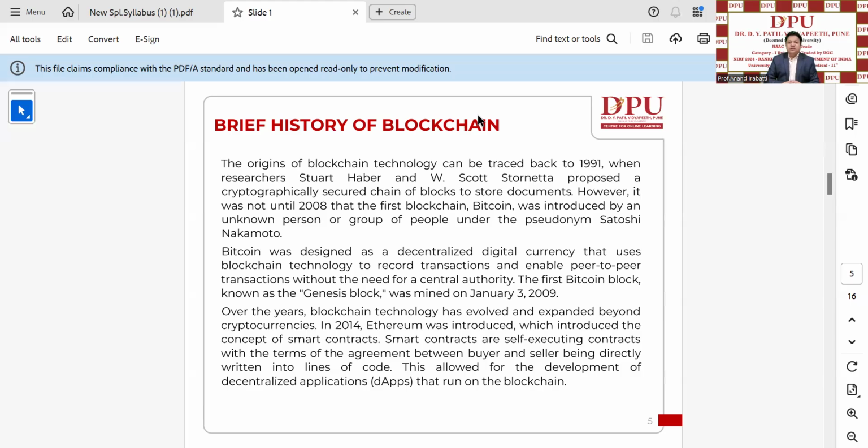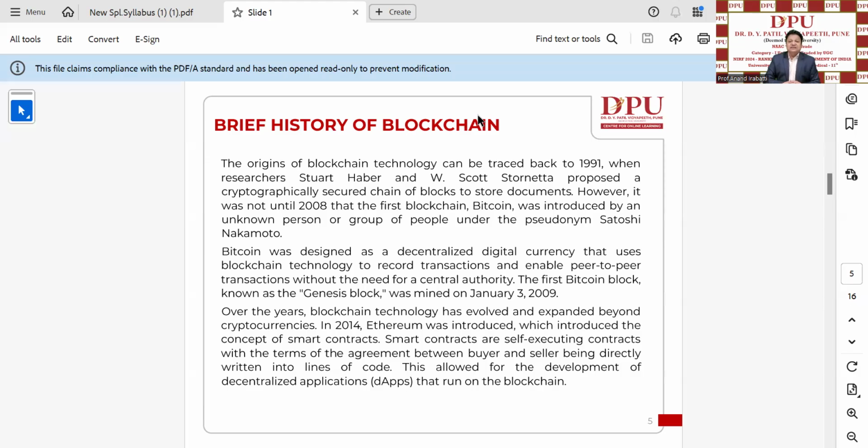And this allowed for the development of decentralized applications that we call dApps. Why are they called decentralized? Because the smart contracts are executed on multiple devices simultaneously.